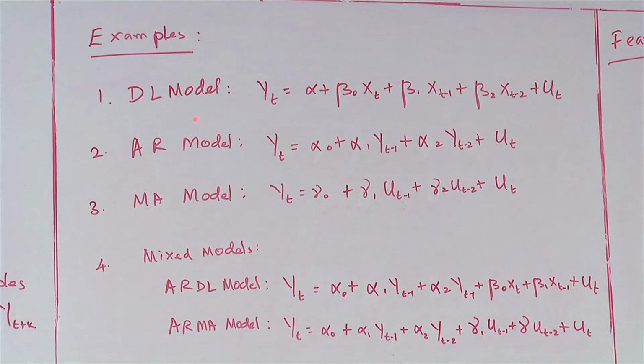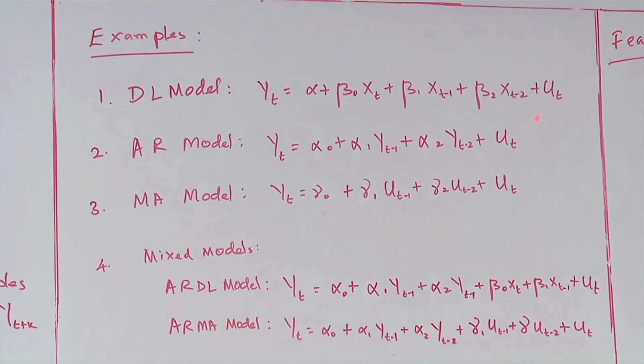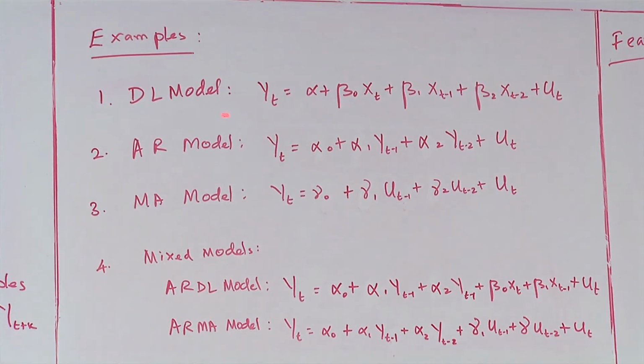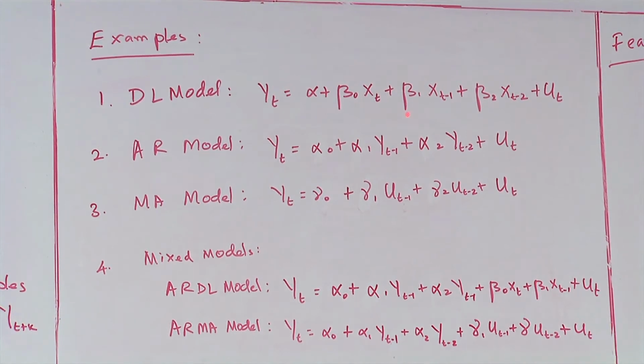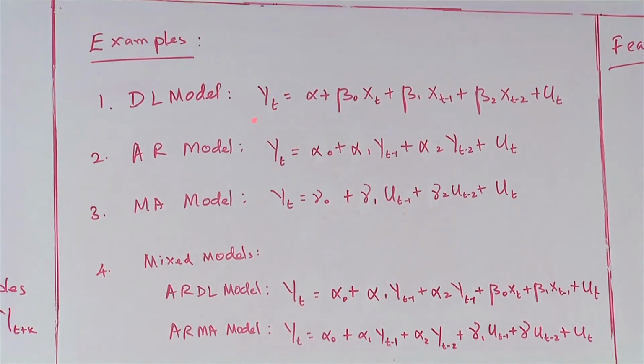Distributed lag model: yt is equal to alpha plus beta 0 xt plus beta 1 xt minus 1 plus beta 2 xt minus 2 plus ut. This is a distributed lag model. Models with lagged independent variables are called distributed lag models. They are denoted like this.